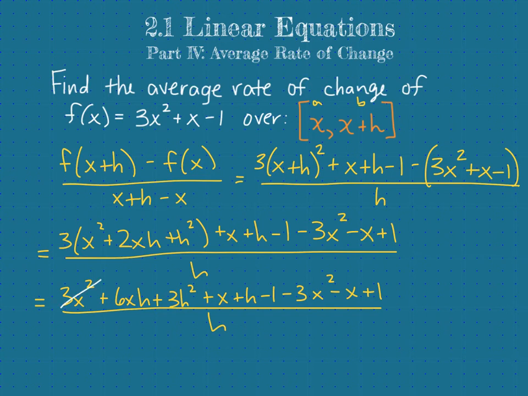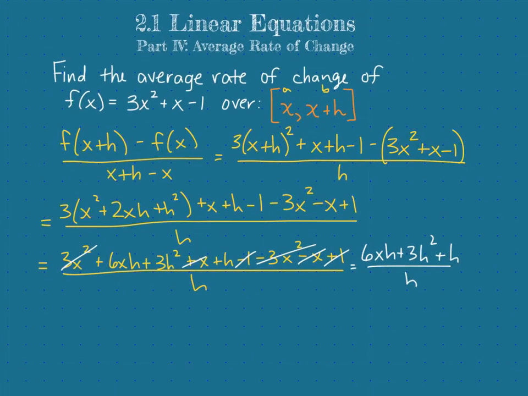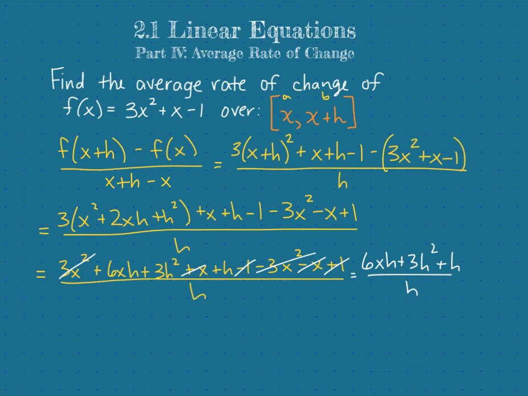Our 3x squareds are opposite, so they cancel. We have a plus x and a minus x, a negative 1 and a plus 1, and it looks like that's it. So what we have left is 6xh plus 3h squared plus h all over h. Then we can factor out the h to get stuff to cancel.